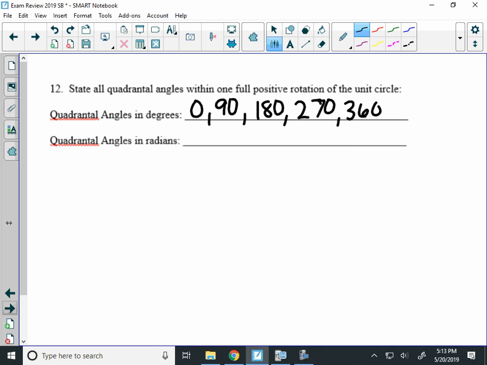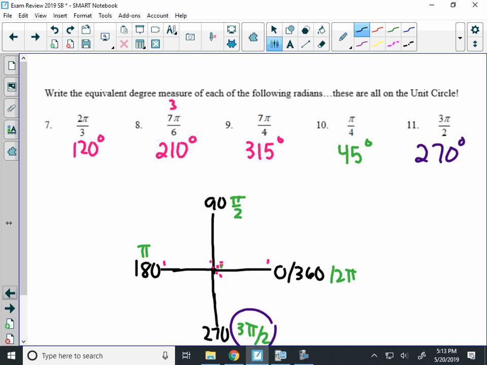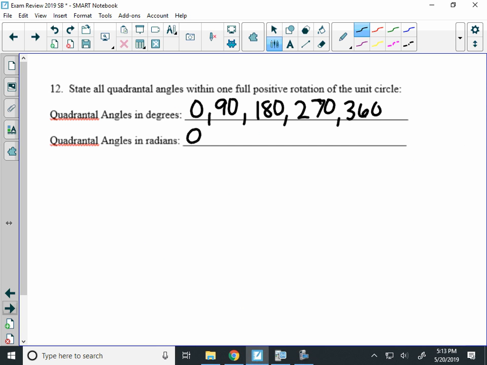Now in radians, again, those are your pi's: 0 pi, pi over 2, pi, 1 pi, 3 pi over 2, and 2 pi. Those are your quadrantal angles in radians.